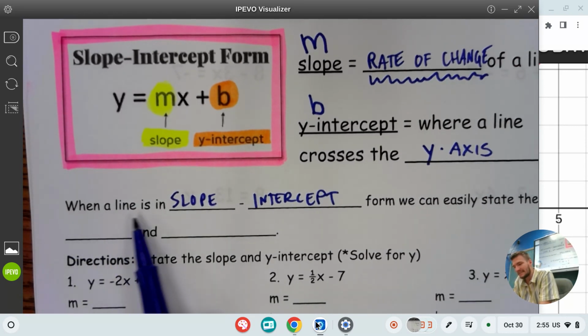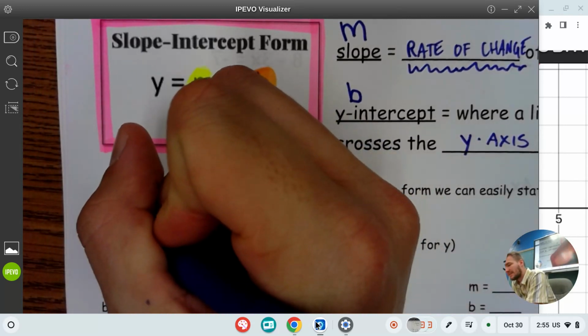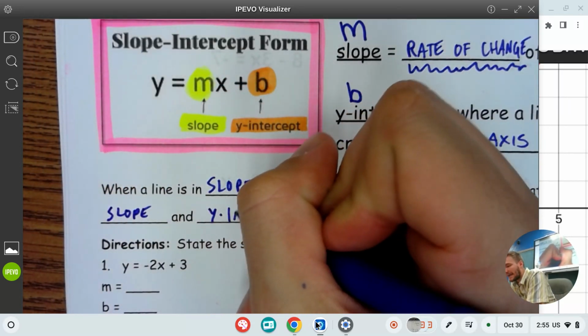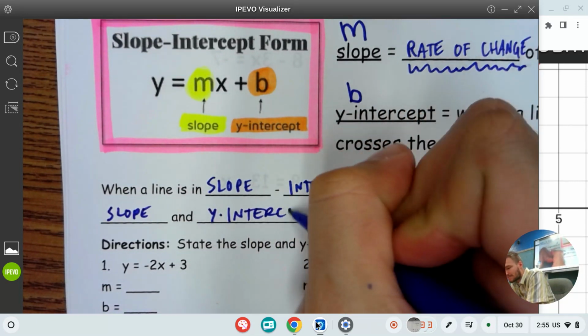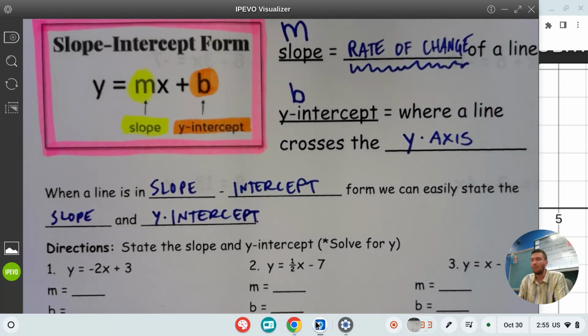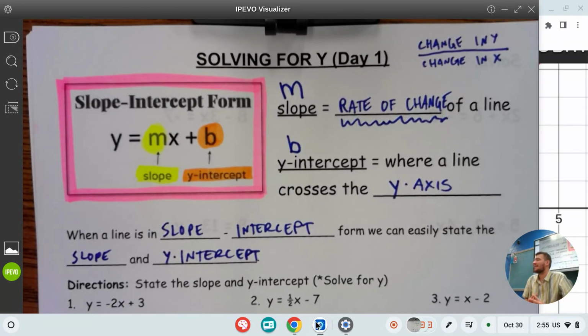So when a line is in slope intercept form, we can easily state the slope and the y-intercept. We like slope-intercept. A lot of things in math, you're like, you know what, Mr. Collier, this isn't that hard.